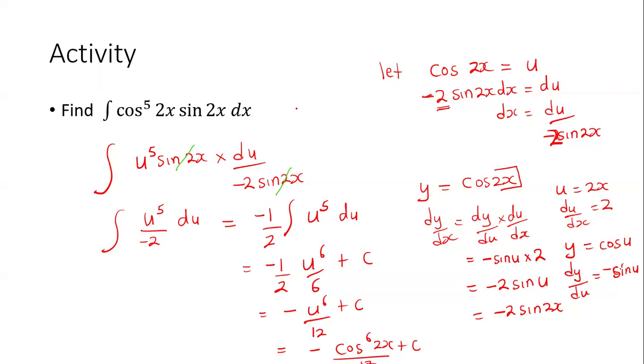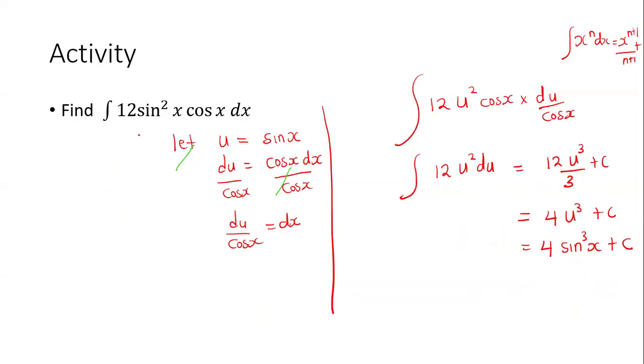Here we are using cos again. From the previous example, now from this one we are having cos power 5 2x sine 2x, so I thought u was going to be sine 2x. You thought the one with the lower power we deal with first. Okay, you come back here on this. Which one did we let here?